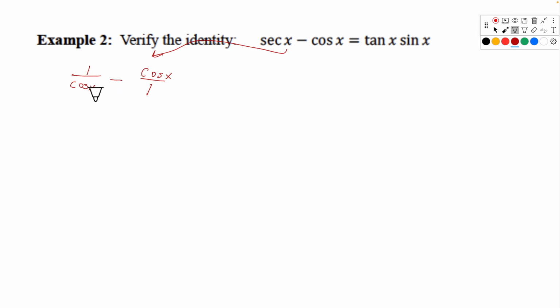So we want cosine as our common denominator, so this becomes cosine x over cosine x. We're getting a common denominator. And so that becomes 1 over cosine minus cosine squared on top, right? That's cosine times cosine.